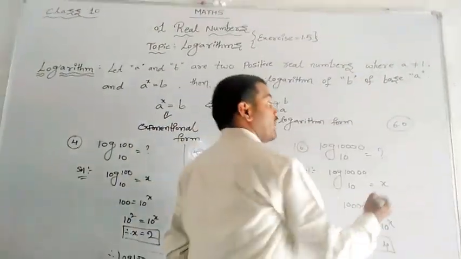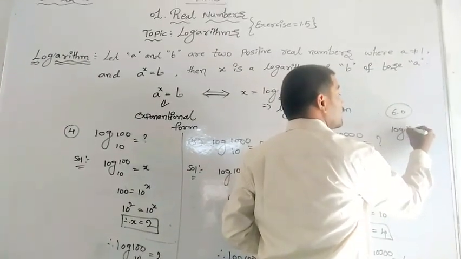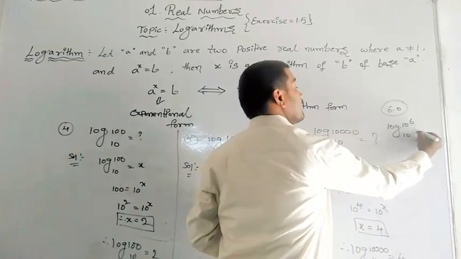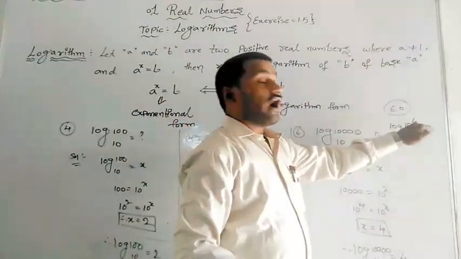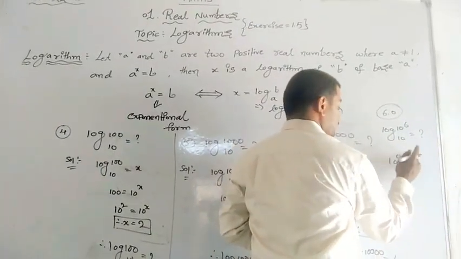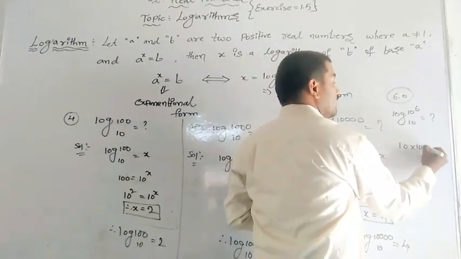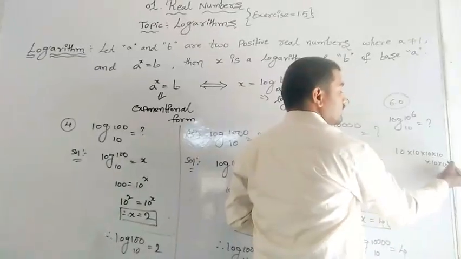Here it is a power of 10: log of 10 to the power of 6. You know how effective it is if you write 10 to the power of 6 with zeros, that means 10 into 10 into 10 into 10 into 10 into 10.